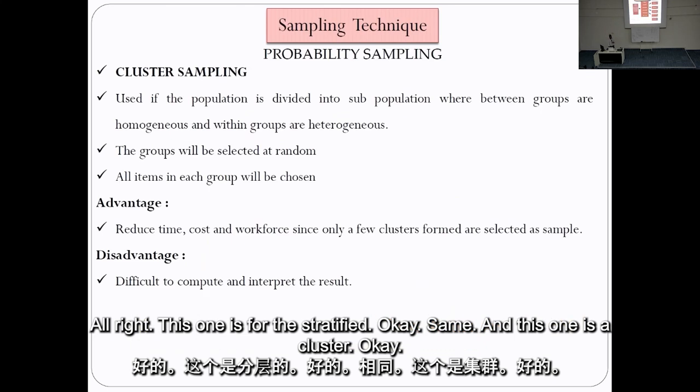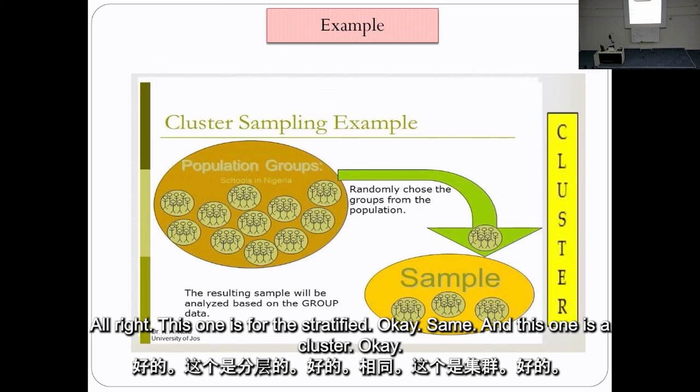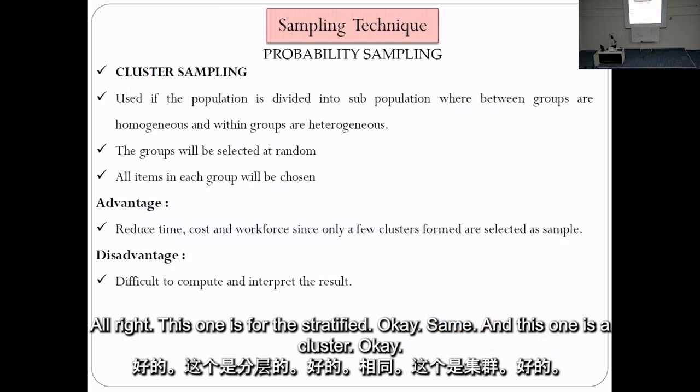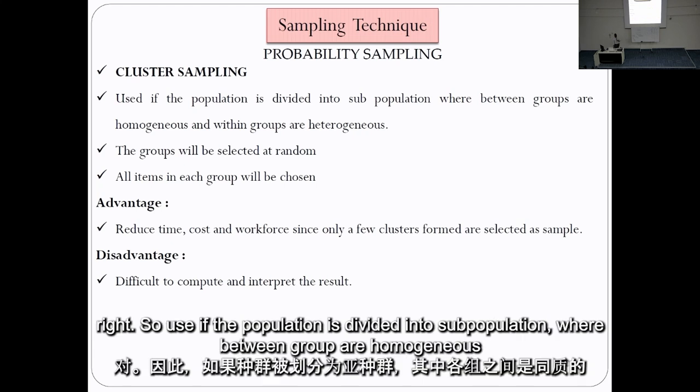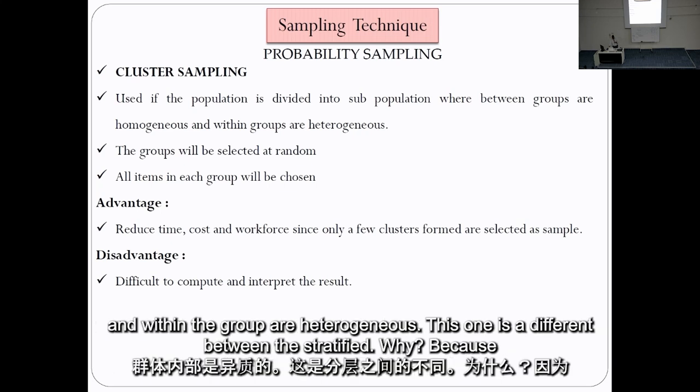Alright, this one is for the stratified. Same. And this one is cluster. Cluster sampling is also a probability sampling. Use it if the population is divided into subpopulations where between groups are homogeneous and within the groups are heterogeneous.